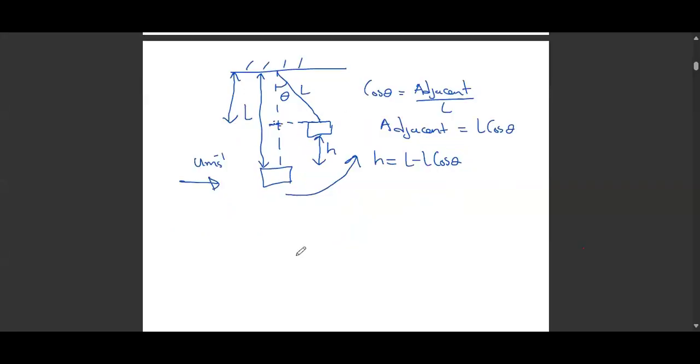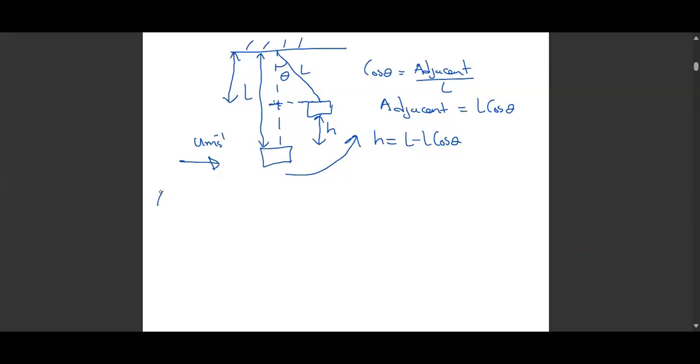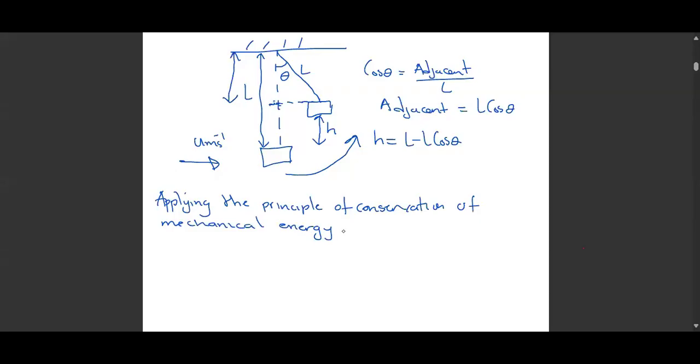Now, if we come and apply the principle of conservation of mechanical energy, remember that as the system is moving upwards, it will be losing kinetic energy but gaining potential energy.